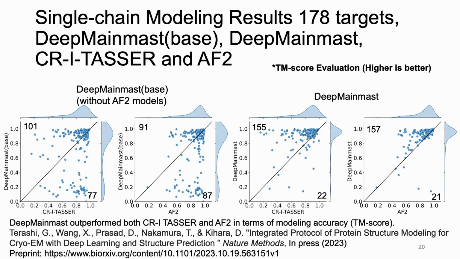But if we use the AlphaFold2 model, then compute with DeepMainmast, the performance was dramatically improved. Almost all targets of DeepMainmast achieved better than the CRI taser and also better than AlphaFold2. So that means that even if the global structures are different, AlphaFold2 models can help us to build the accurate structure.